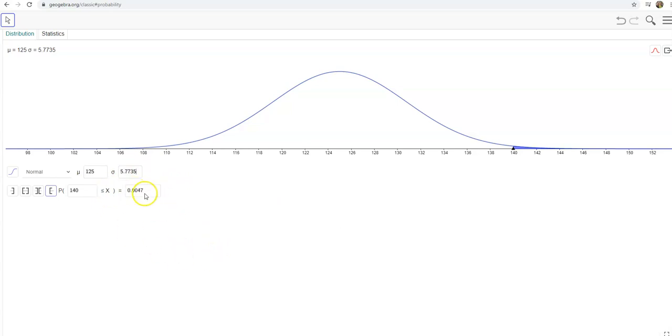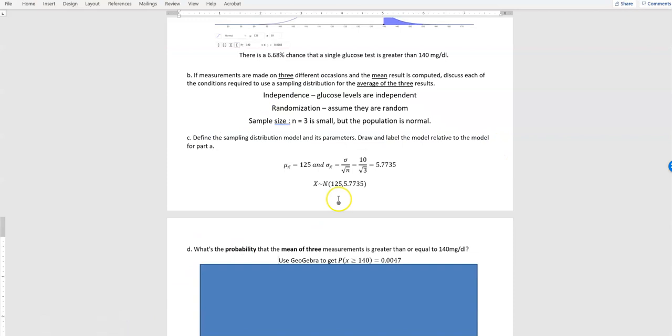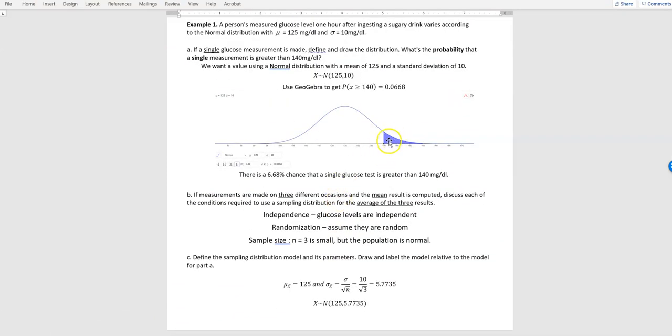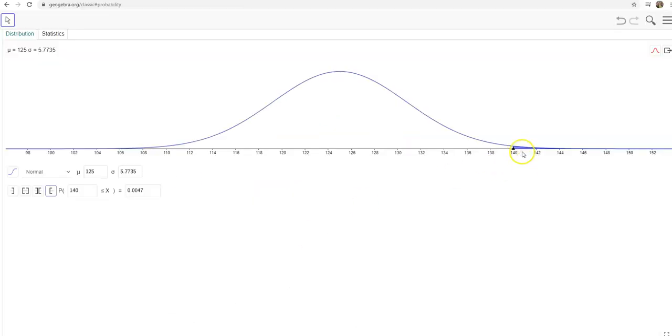But notice that we get a different value here, 0.0047. I'll remind you of the last one by looking at this picture over here. We had not a great amount, 6% is not huge, but you can see what that looks like. And then compare that to what we're getting now with 3 samples. This is a much smaller purple area, or our probability is much smaller.